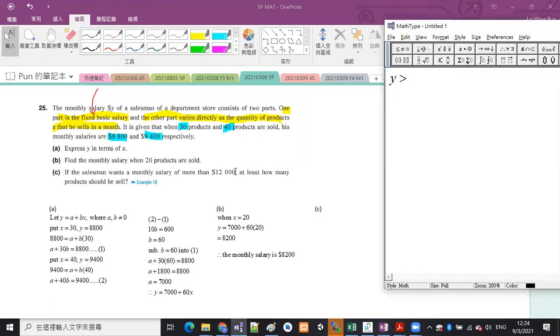But we have the formula of Y, right? Y is changed to 7,000 plus 60 times X, which is larger than 12,000. And then 60X is larger than 5,000.